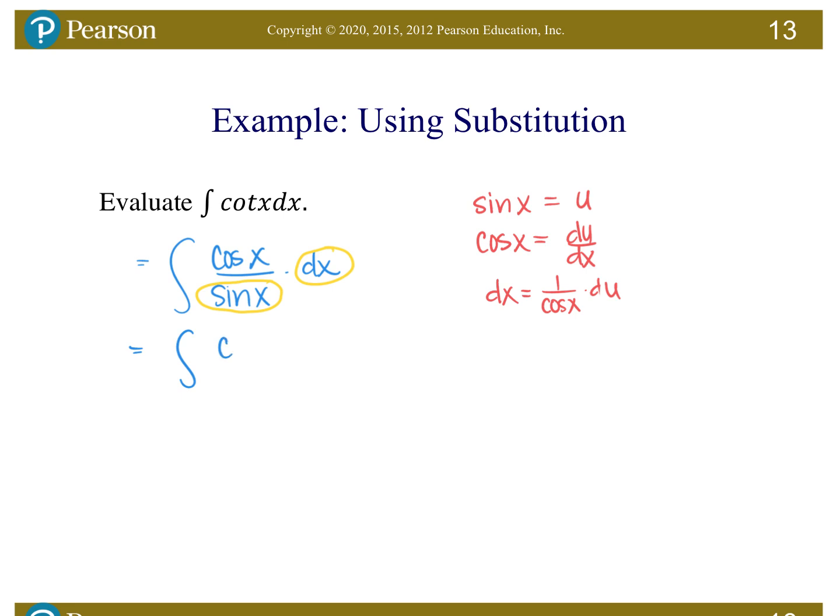So I will have the cosine of x over a denominator of u times 1 over the cosine of x times the differential of u. See how clean that turns out to be? Which means all I'm left with is 1 over u times the differential of u, which has a beautiful antiderivative.